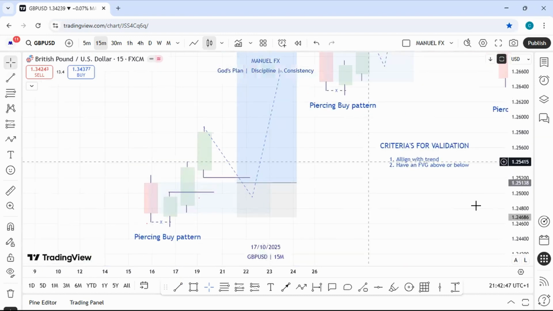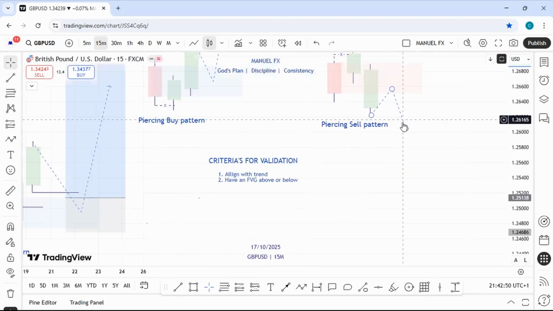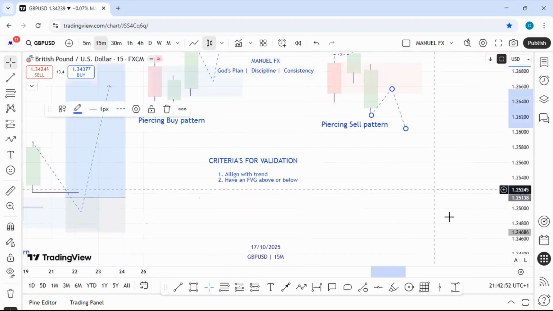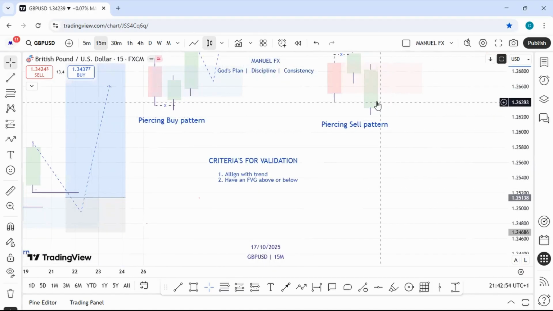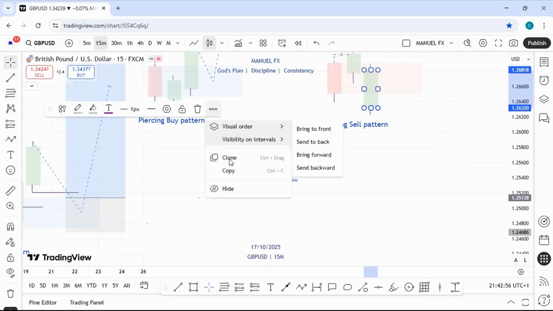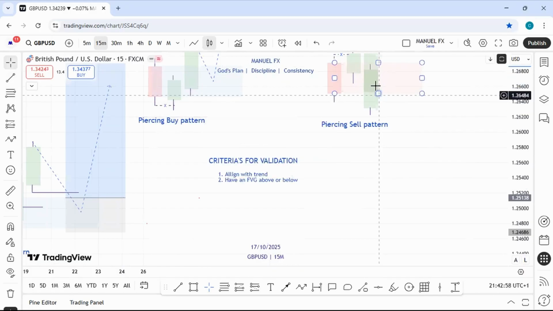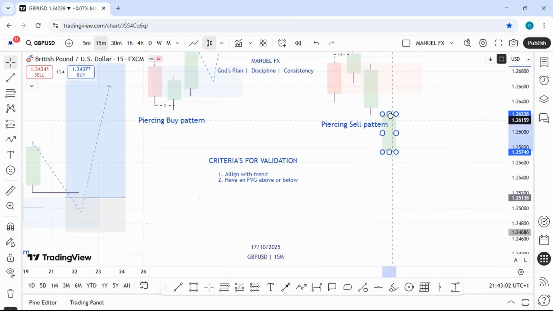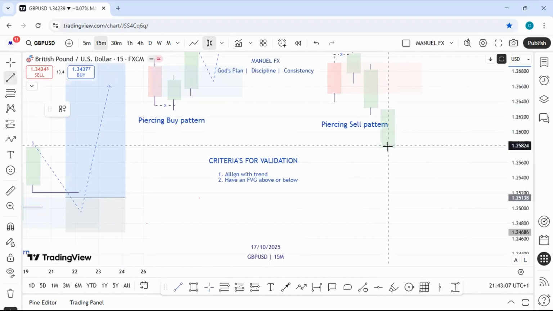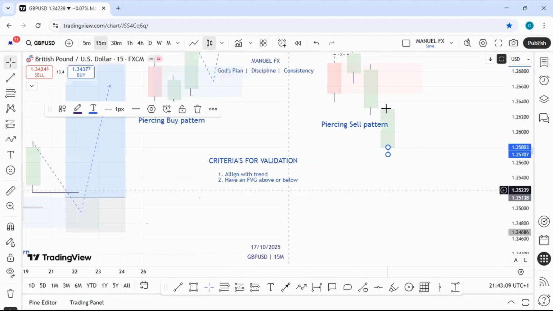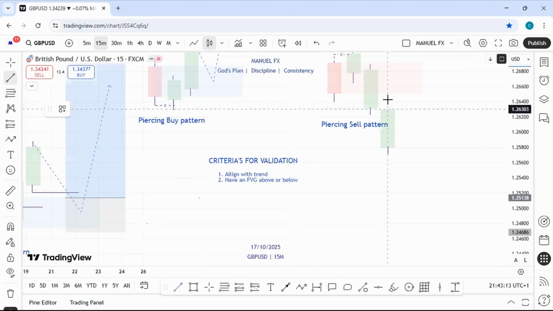And once there is a fair value gap below your sell order block, it validates that sell POI. The more it validates that sell POI, it tells you that price will definitely respect that POI. It gives us more confirmation that the POI is very, very valid and strong.